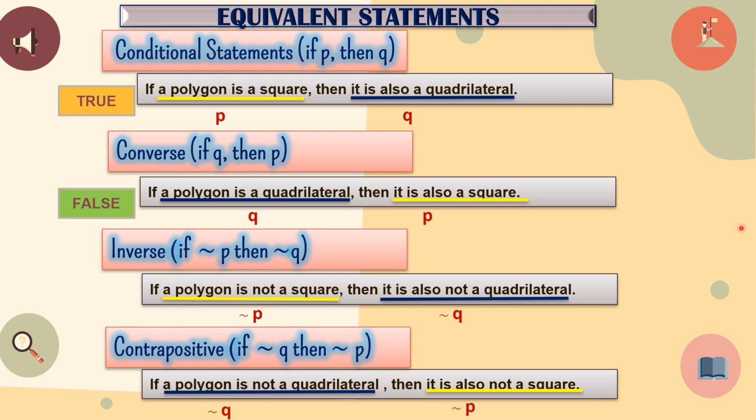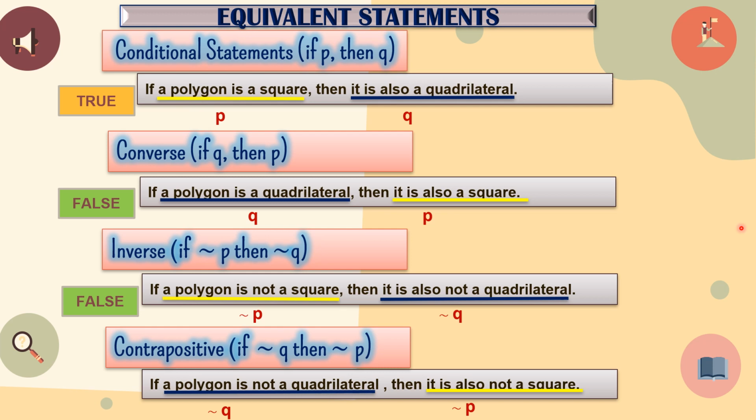Okay? Next, inverse. If a polygon is not a square, then it is also not a quadrilateral. So, ano kaya siya? So, ang sagot po dyan ay false. Hindi naman daw sabi dito, kapag daw yung polygon hindi square, hindi rin siya quadrilateral. So, mali po yun.